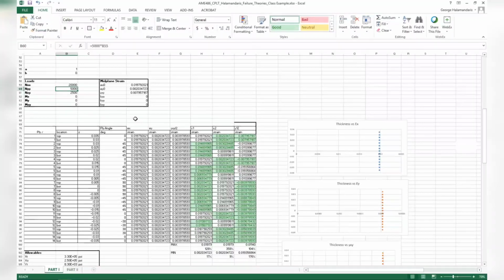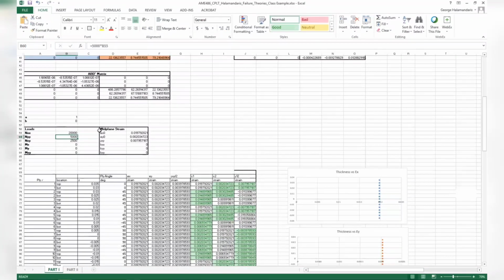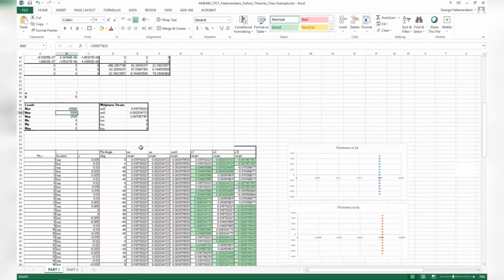So the first thing I want to jump into: now we have the midplane strains and curvatures, and we would like to calculate the per ply strain and transform that into the lamina or layer coordinate system.